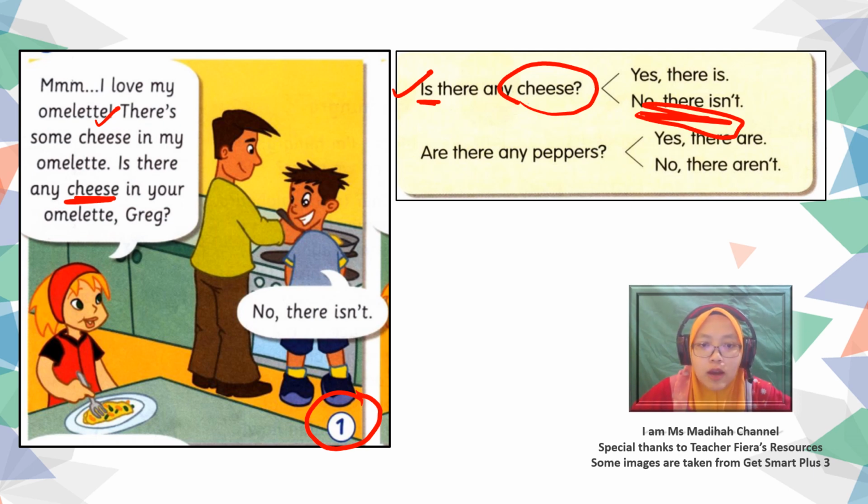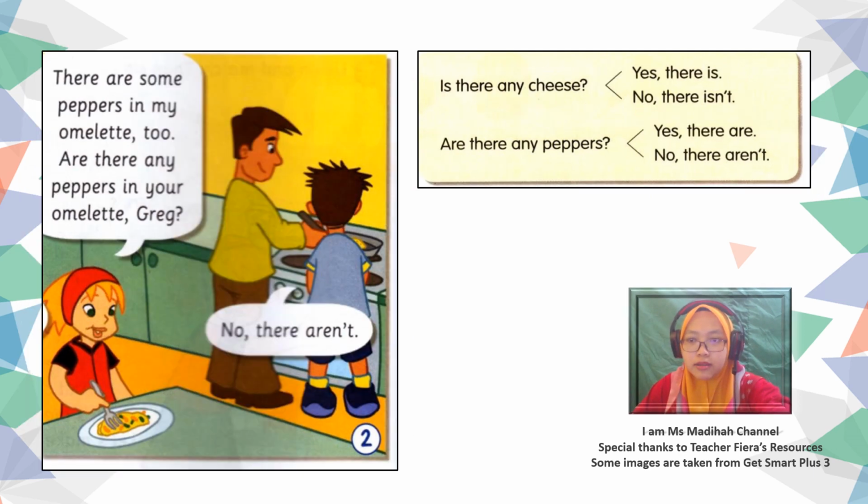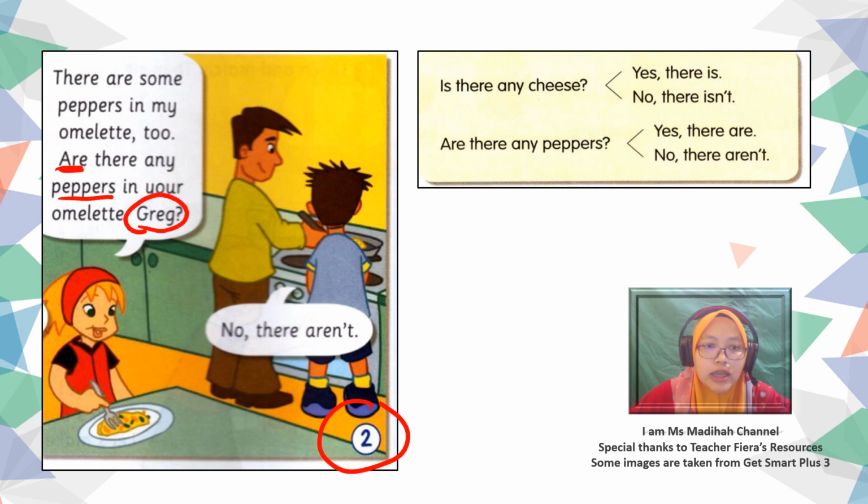Okay, now let us move on to the next slide. So now look, this is conversation 2. There are some peppers in my omelette too. Are there any peppers in your omelette, Greg? Now, peppers are more than one, isn't it? So, are there any peppers?